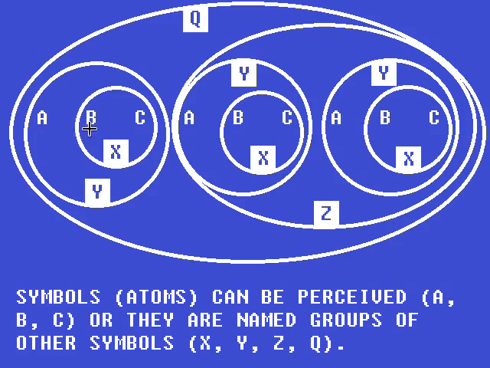Such symbols, which are the fruit of perception, A, B, and C, I call elementary, and such like X, Y, Z, or Q, I'm calling superatoms. Like these symbols, A, B, C, are elementary atoms, and X, Y, Z, and Q are superatoms because they are not immediately perceived, but are arising out of grouping.